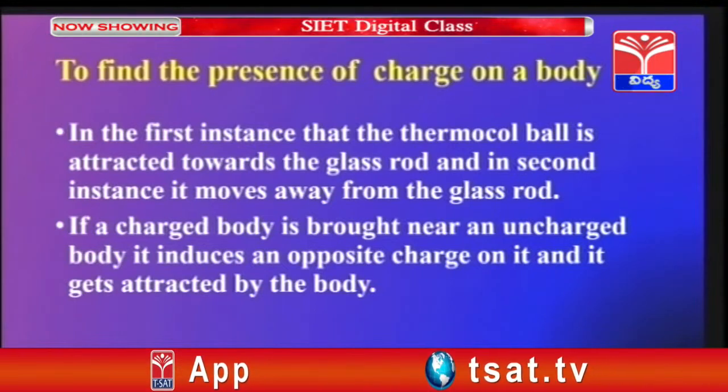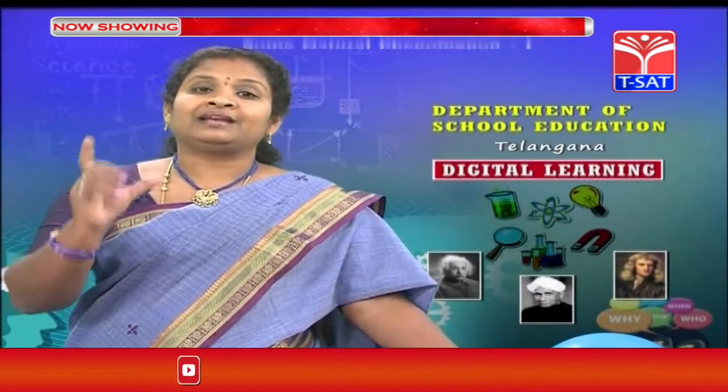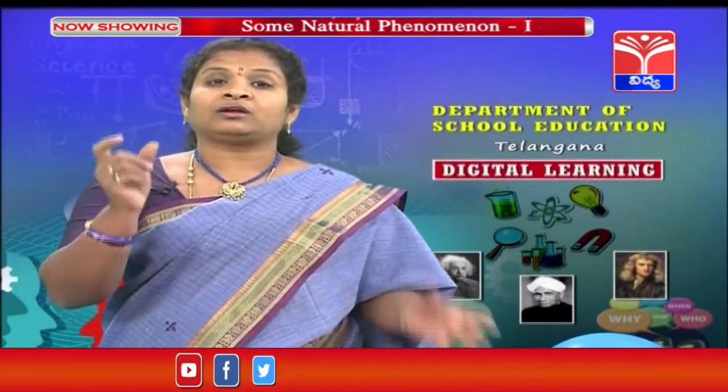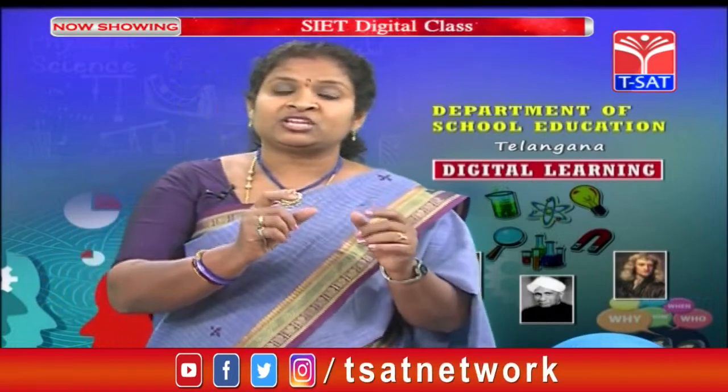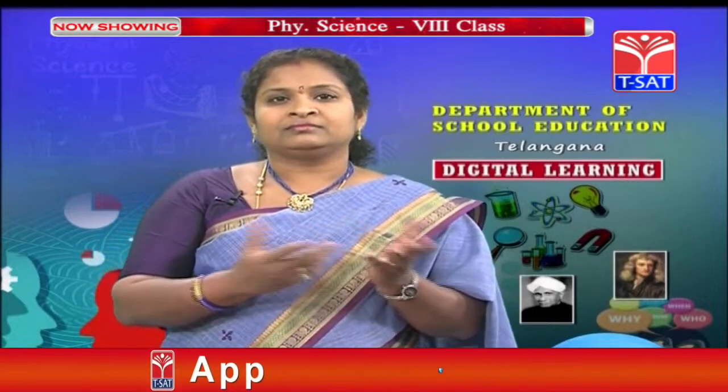Here the thermocol ball, when it touched the positively charged glass rod, obtained negative charge. And then when it was again touched with another glass rod, what happened?